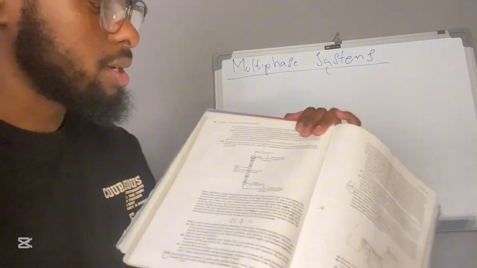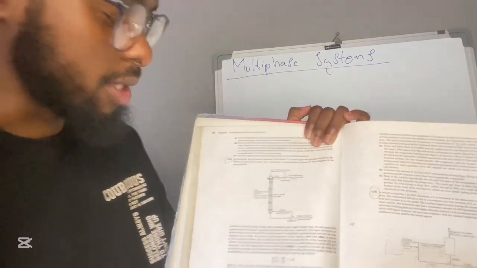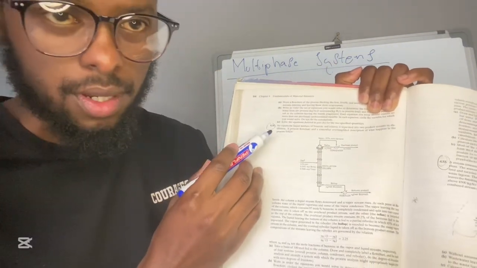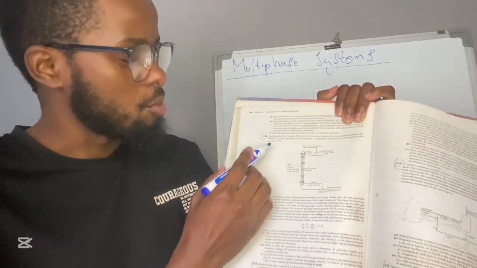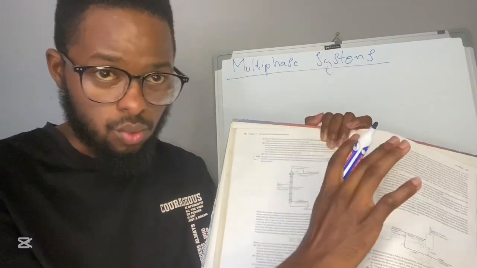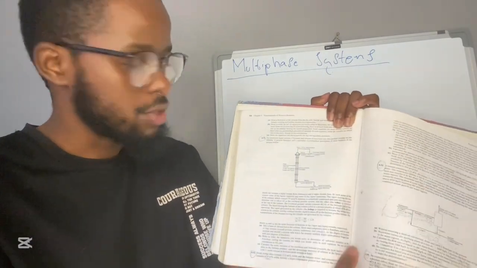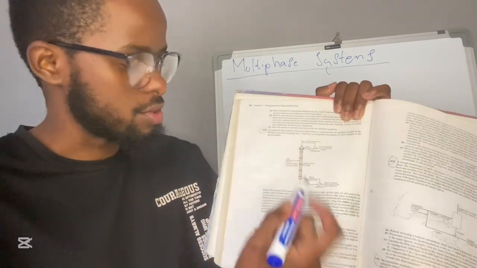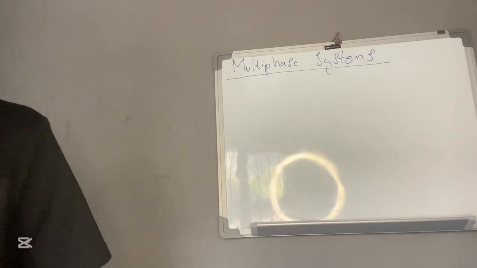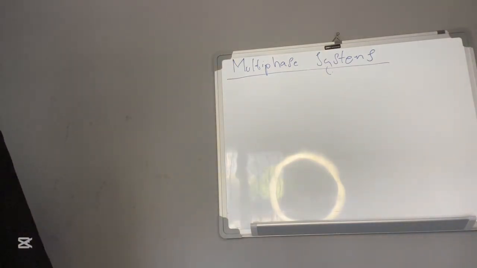Chapter 4, this question right here, 4.31, multiple phase systems, right? I'm going to be pasting the question so that you guys don't have to struggle reading the statements that are here, right?